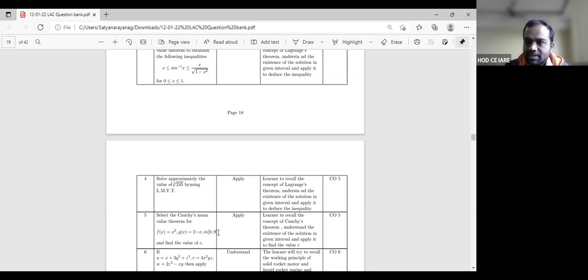Next, g dash of x is not equal to 0, so the third condition is also satisfied. The three conditions are satisfied.